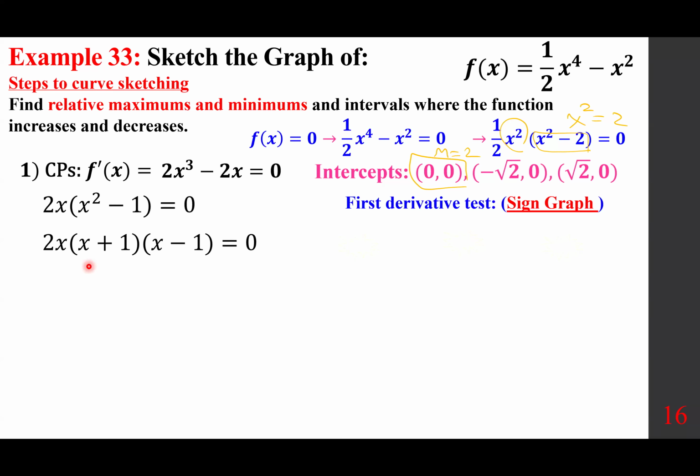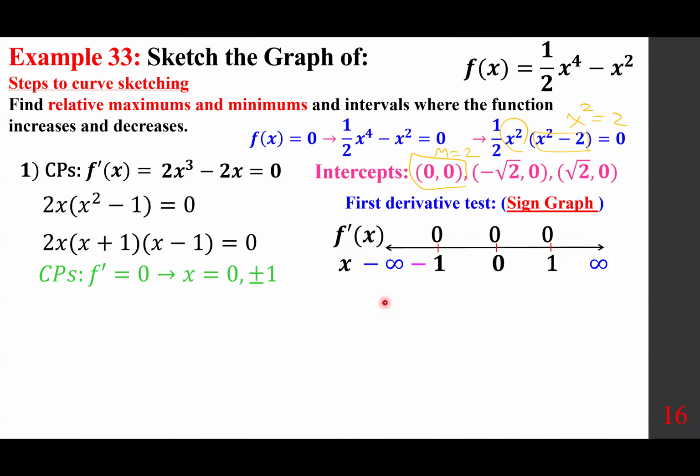So there are 3 zeros. x is 0, x is negative 1, x is positive 1. There are 3 zeros, everybody. So we are going to draw a number line from negative to positive infinity. And we're going to put those numbers in order from smallest to largest. Negative 1, 0, 1. At each and every one of those, f prime is 0.